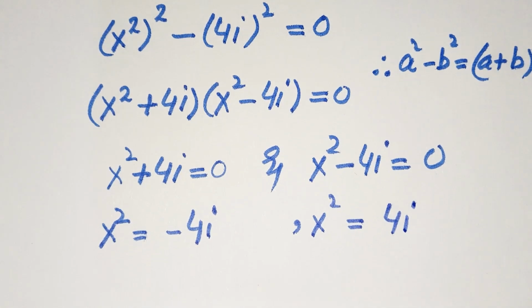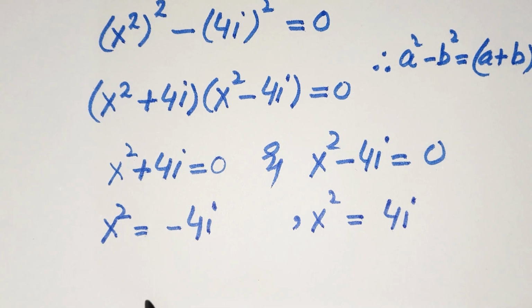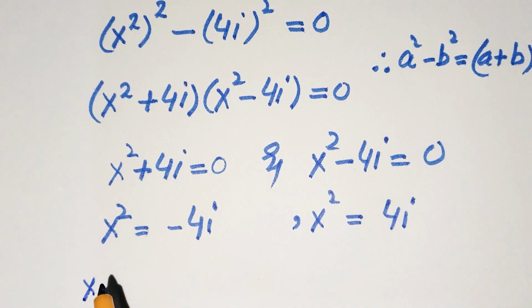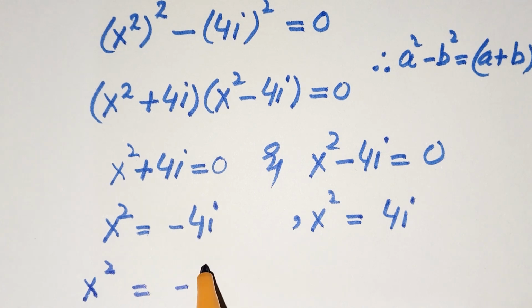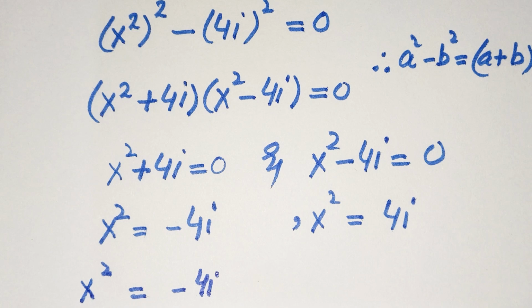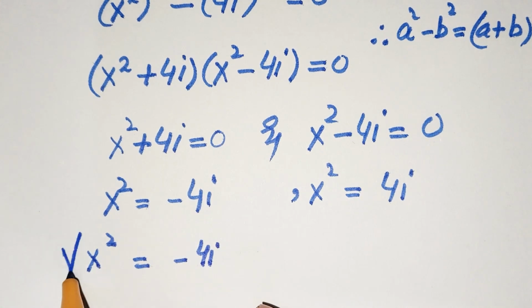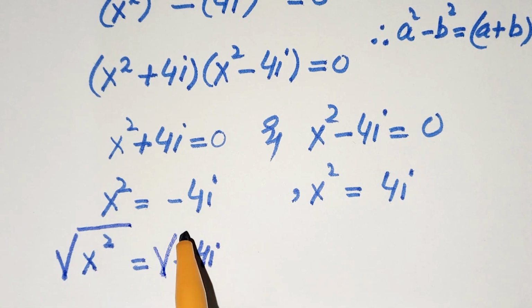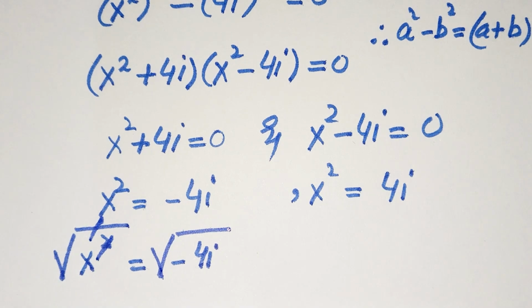So if we write this equation like that, x² is equal to minus 4i, and we are going to take the square root at both sides, so it will be cancelled.